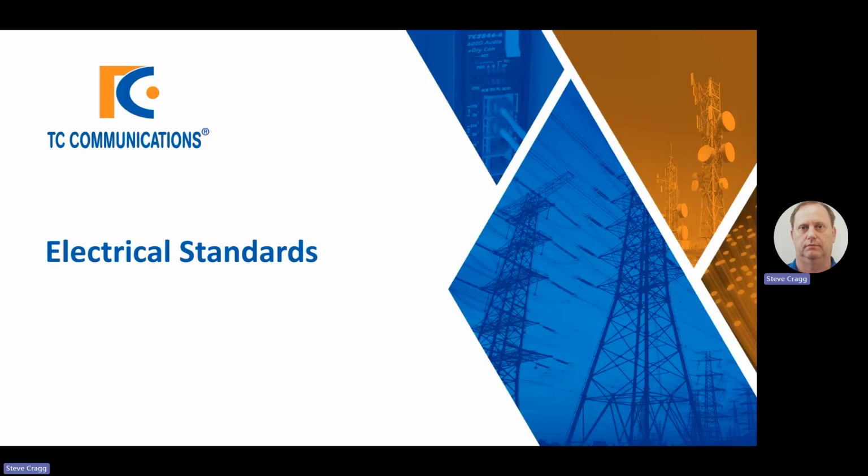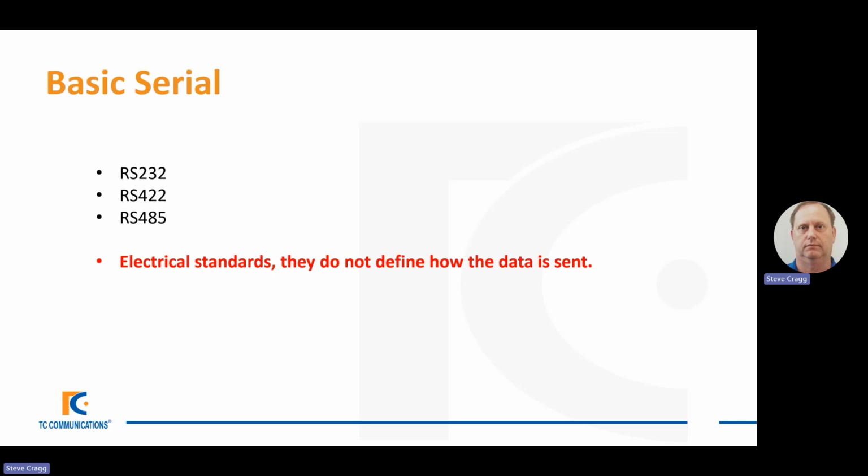Let's look at electrical standards. In serial, I think most people who have dealt with serial will have come across some or all of these terms. RS-232 probably being the most common and the original of these standards, RS-422 and RS-485. It's very important to note that these are electrical standards.